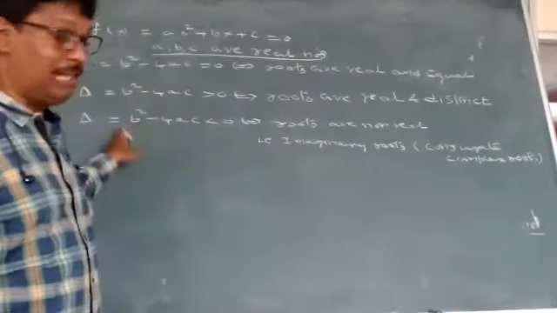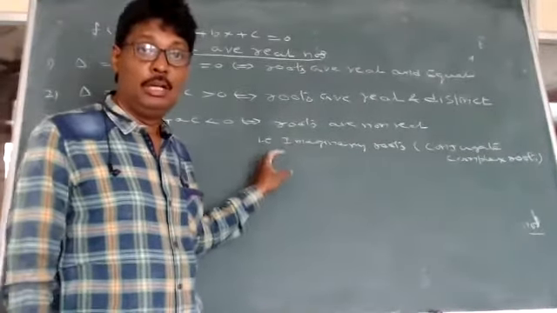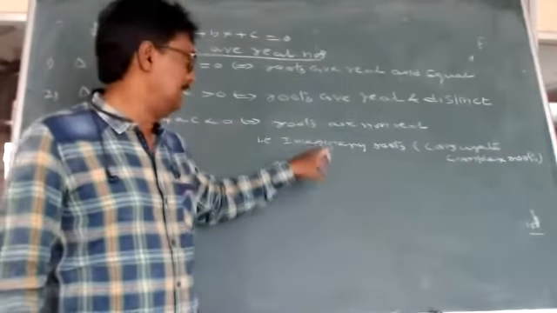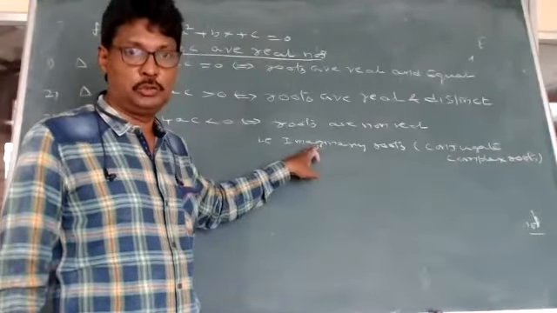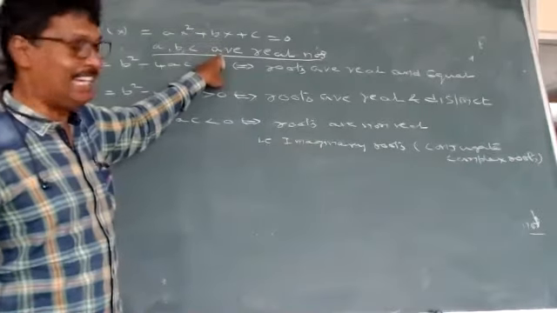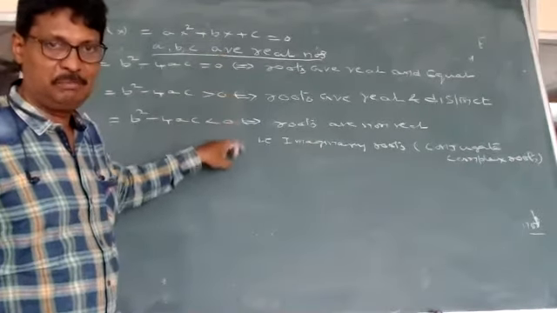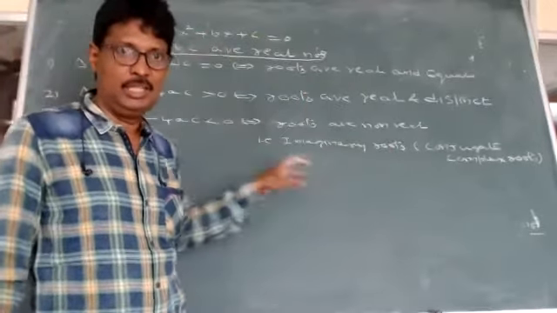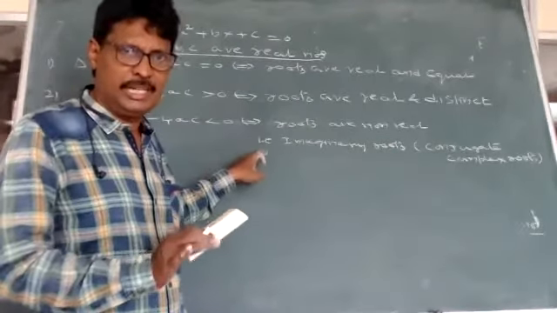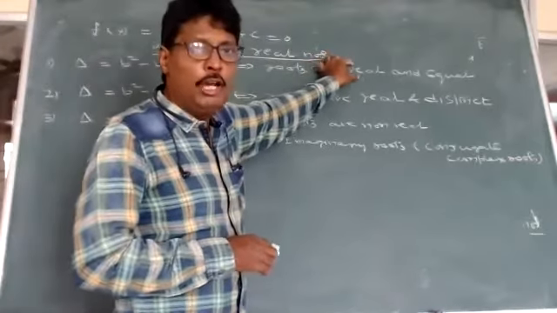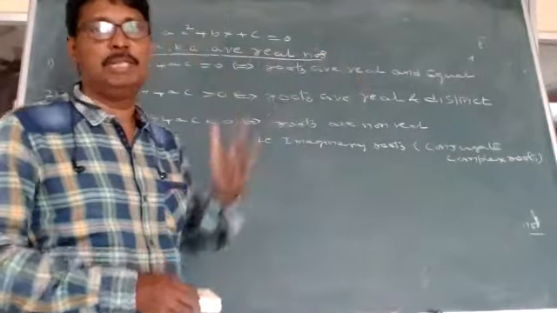Next, if delta less than 0, we can conclude the roots are non-real. They are imaginary roots. But if a, b, c are real numbers, we can say like this. If a, b, c are rational numbers, the third case is the same. In the first case, in place of real, we have to write rational number.